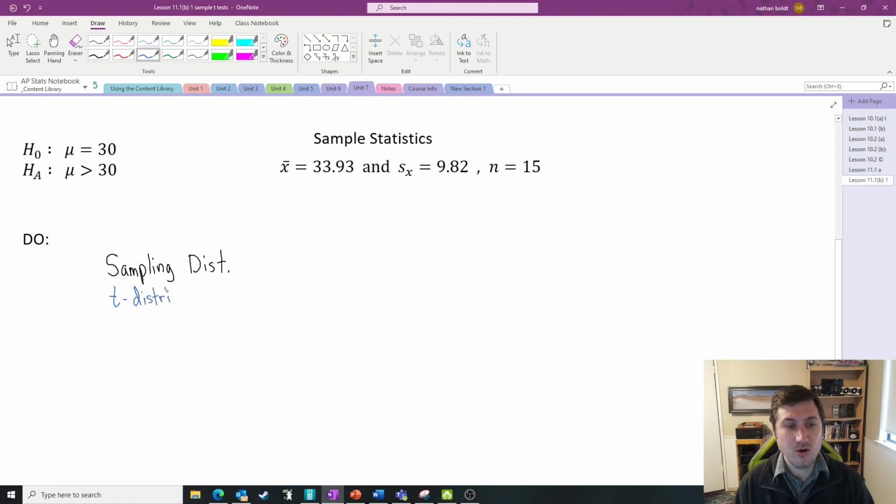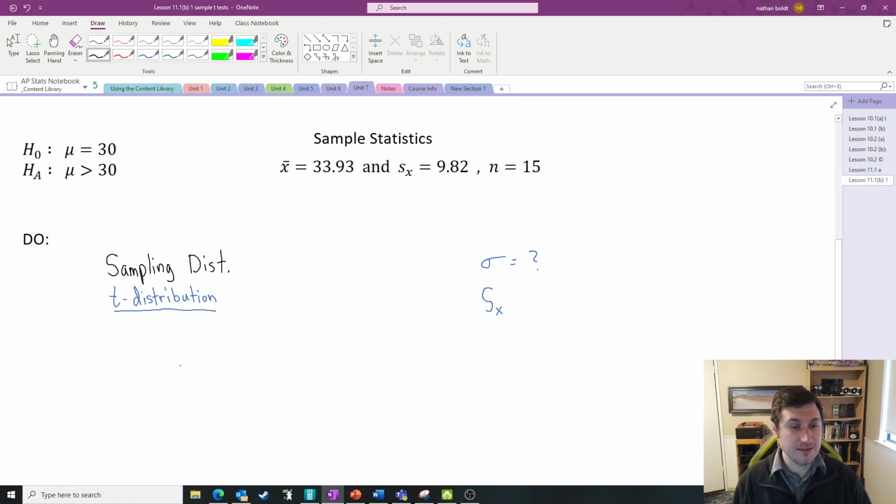Not quite normal. Well, it would be normal if we knew the population standard deviation, right? If we knew the actual population standard deviation, then we could use a normal model. But sadly, we don't. We can only use the sample's standard deviation as an approximation. And when that's the case, we have to use the t-distribution.